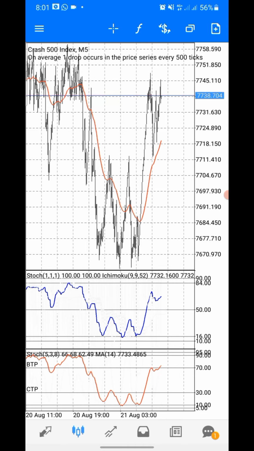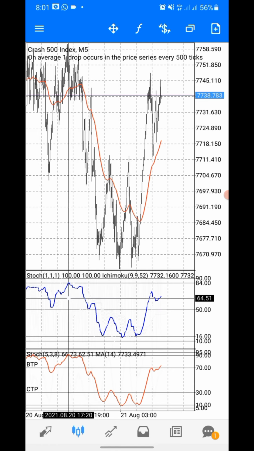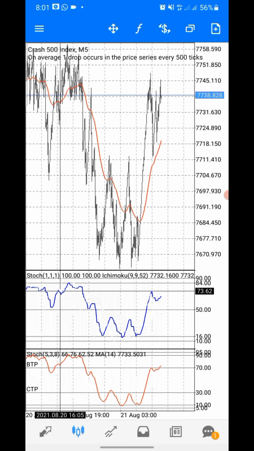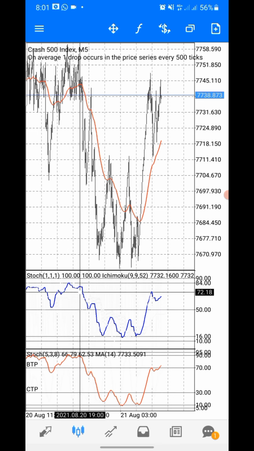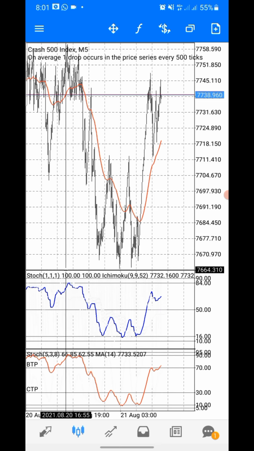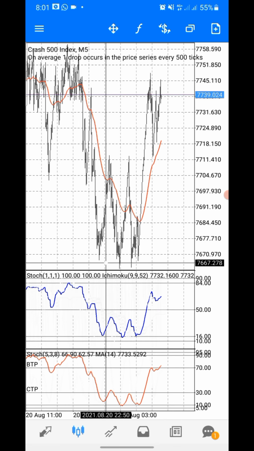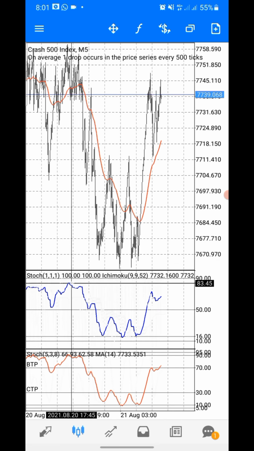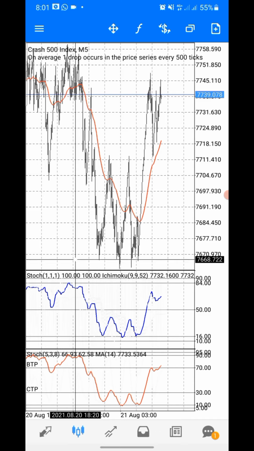Now if you want to take a trade based on this strategy on Crash 500, remember the two conditions have to be met. First, the Ichimoku must be within the 90 and 84 stochastic line, meaning the Ichimoku must touch the 84 stochastic line and be within the 90 and 84 zone.